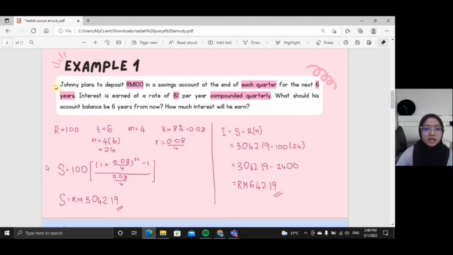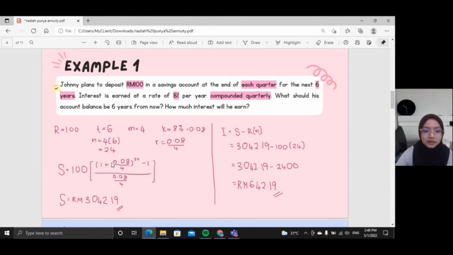Okay, and then we just use the formula of future value and substitute all the amounts for the constants in the formula. We will get S equal to 100 times ((1 plus 0.08 over 4) power of 24 minus 1) over (0.08 over 4). Just calculate this using the calculator one by one.